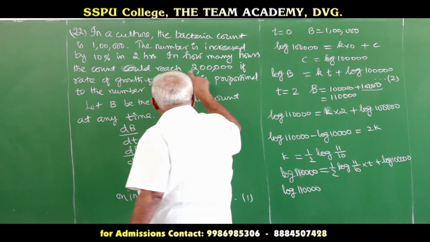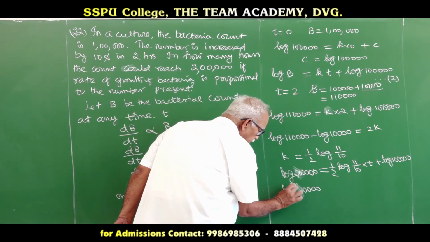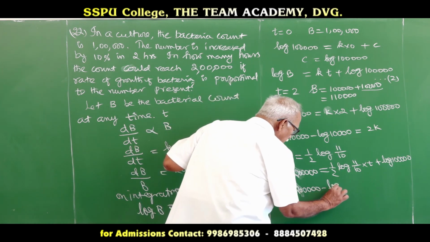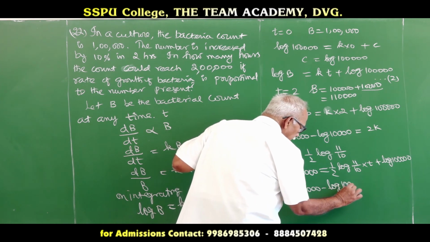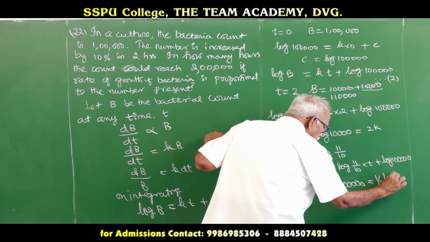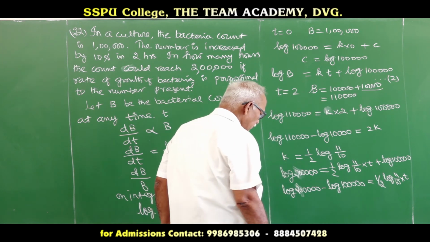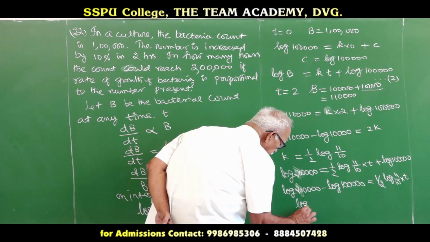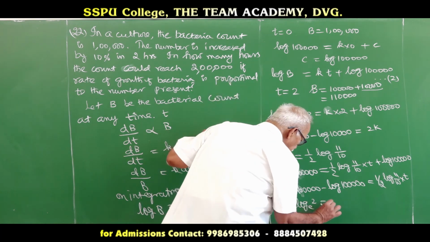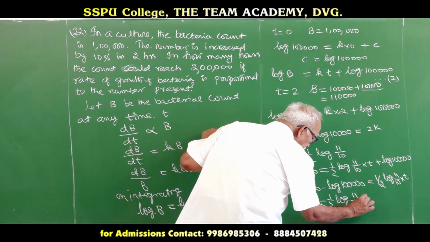The count could reach 2 lakh. So for 2 lakh counts we have to put log 2 lakhs minus log 1 lakh is equal to 1 by 2 log 11 by 10 into t. Now this is log 2 to the base e is equal to 1 by 2 log 11 by 10 into t.